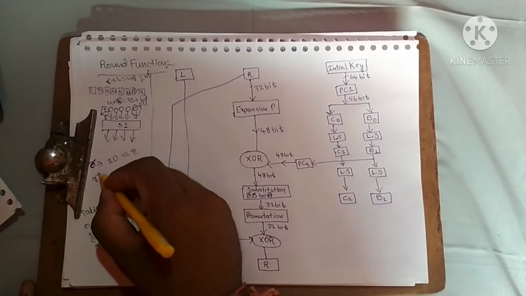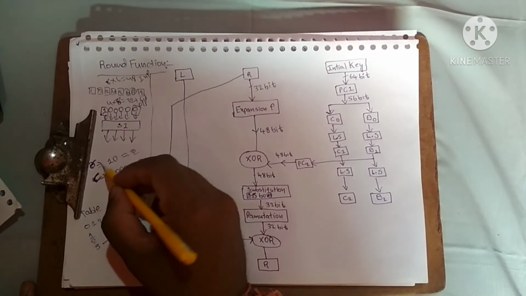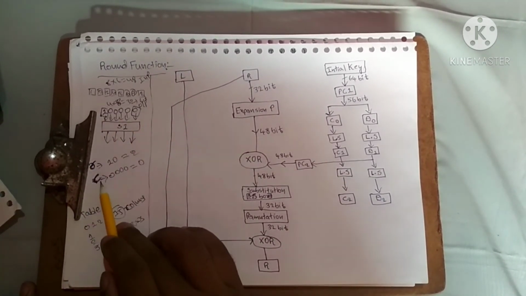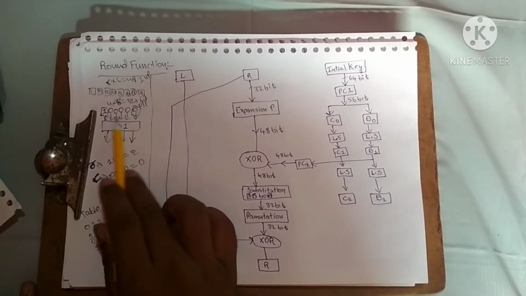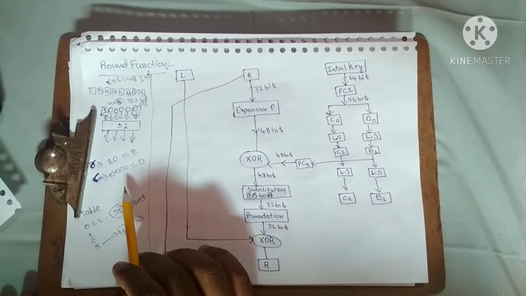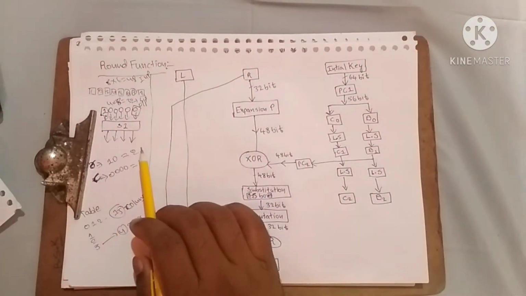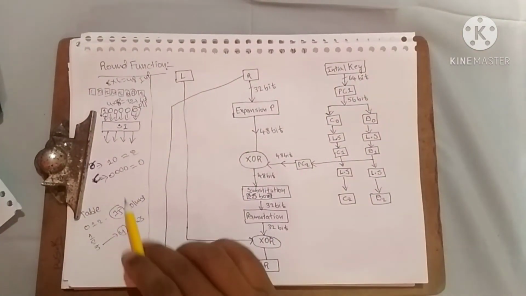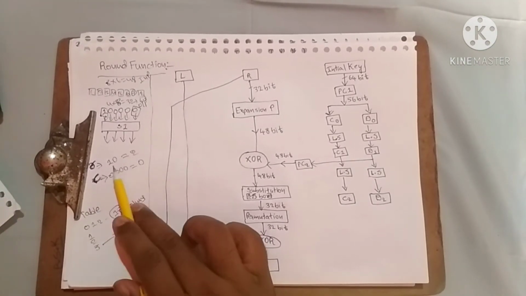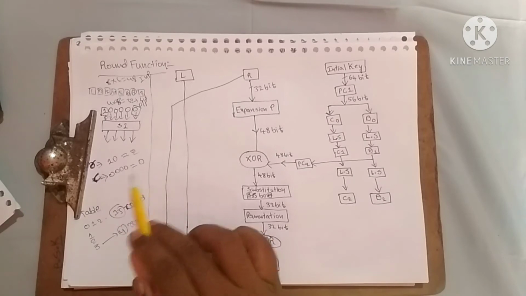Sorry, this is 0, this is the column. These edges are representing row and the middle ones are representing columns. Okay, so we have to choose a value from second row and 0th column.